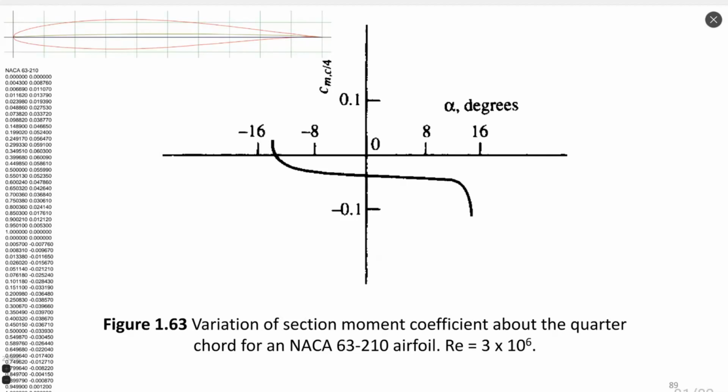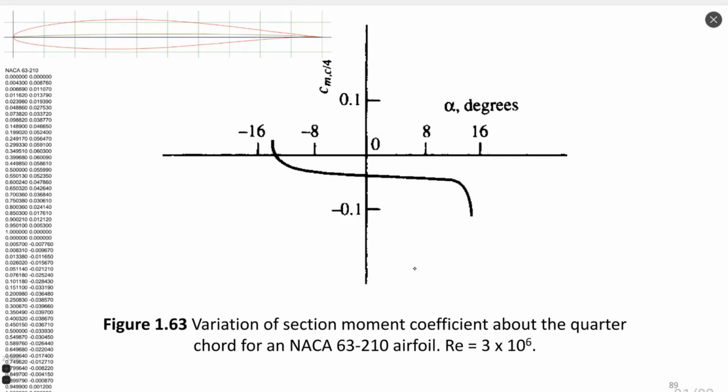We see that for a big variation of angle of attack, the momentum stays on the same sign. So for negative and positive angles of attack, momentum is negative. For other airfoils, it's positive. For another airfoil, it can change from positive to negative. Okay, it can be any variation.